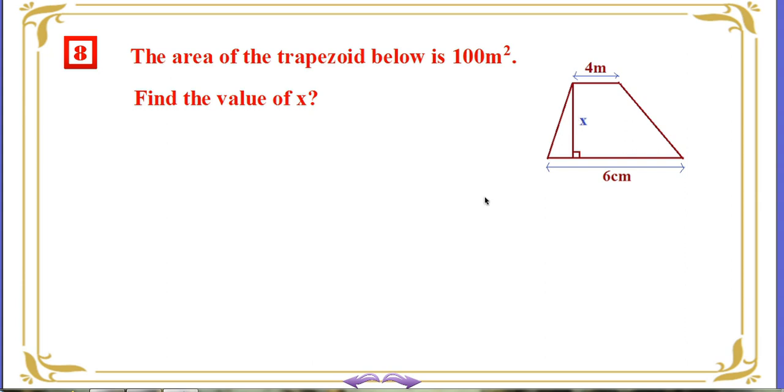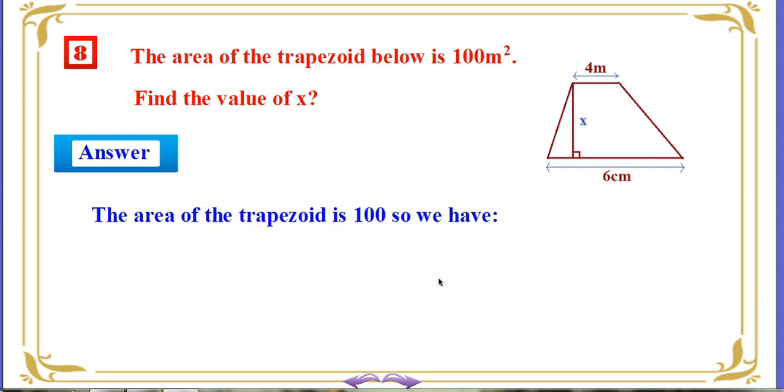Based on the data, to solve the problem, the area of the trapezoid is 100, so we have 100 equals half of the sum of 4 and 6 times h.